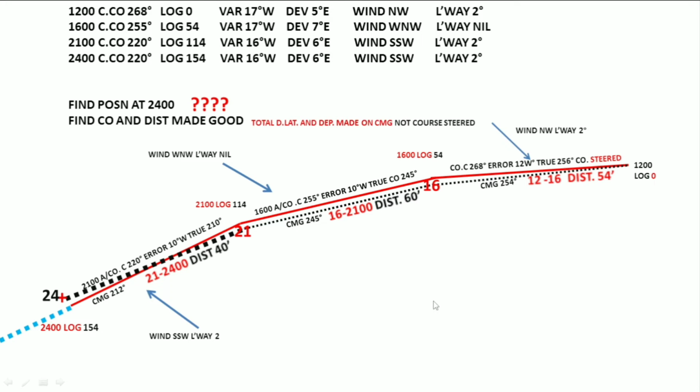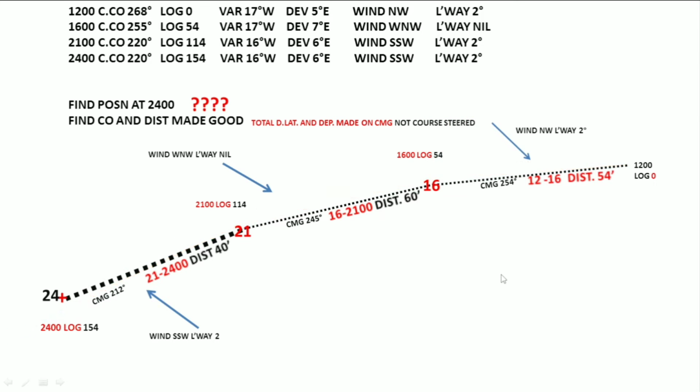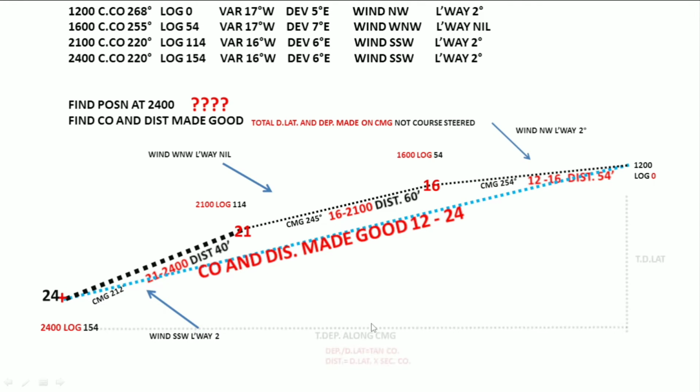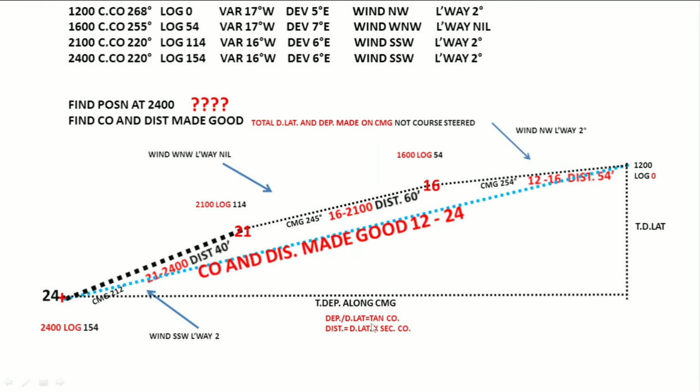I can always find out my course and distance. So this total d.lat and departure are to be calculated on course made good, not on course steered. So if I get the total d.lat and departure on the courses made good, I can always find out my course and distance by knowing the total d.lat, d.long, departure along the course made good.